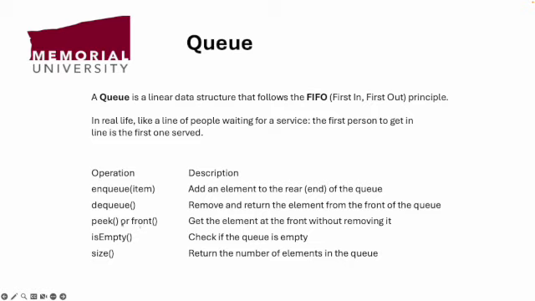Peek, or some call it front, gets the element at the front without removing it. IsEmpty is a Boolean function to check whether the queue is empty or not. Size returns the number of elements in the queue.